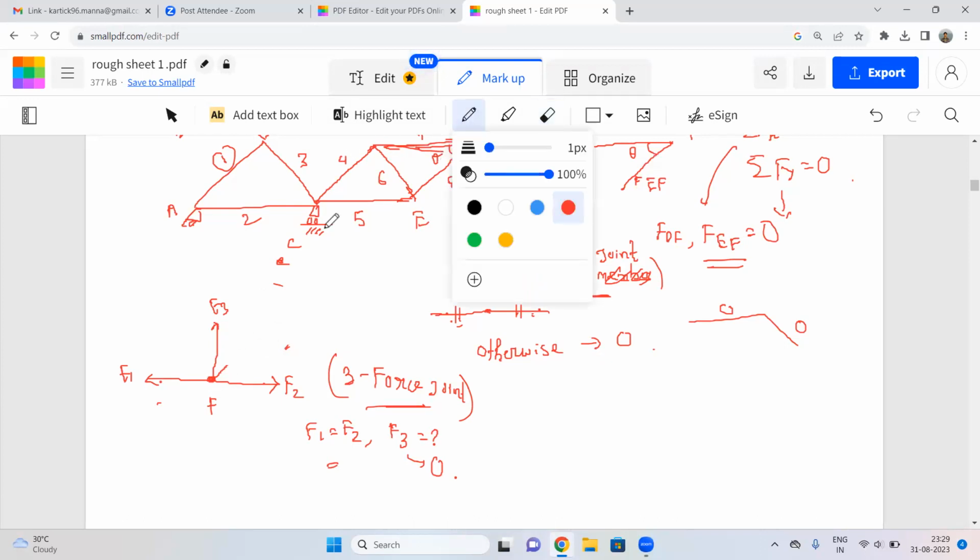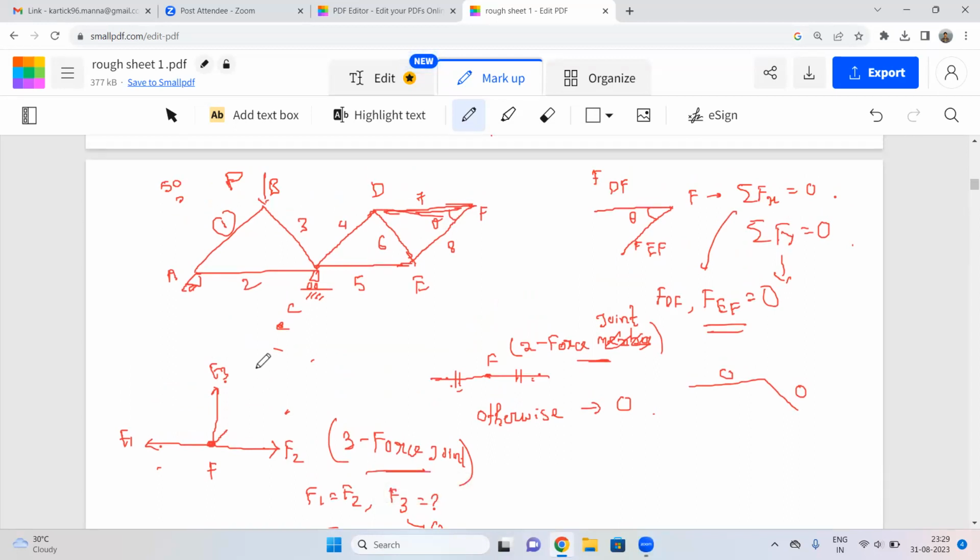What will happen if it is perpendicular? Same concept, that summation of Fy, that is F3, is equal to 0. Only if this F3 is also parallel to F1 and F2, then we'll get one equation. Otherwise, that is equal to 0.